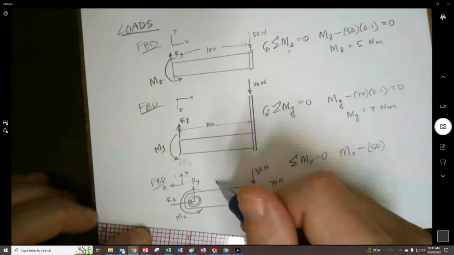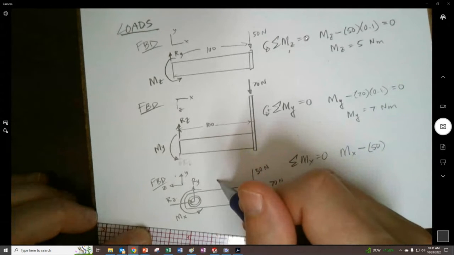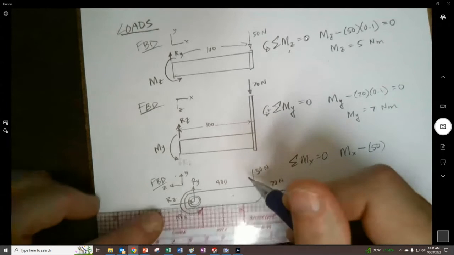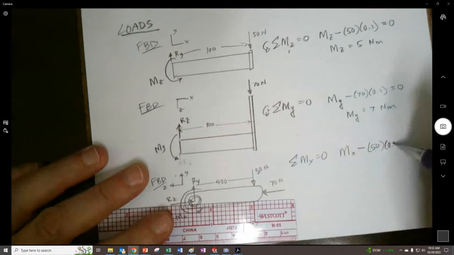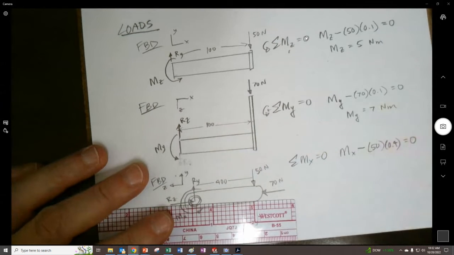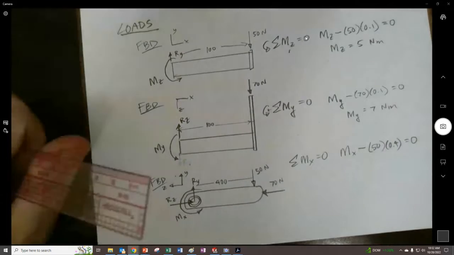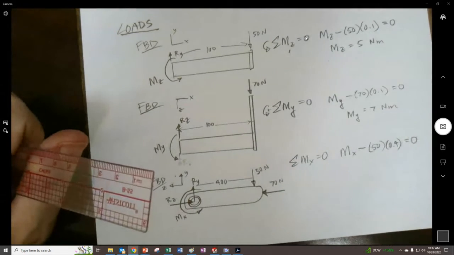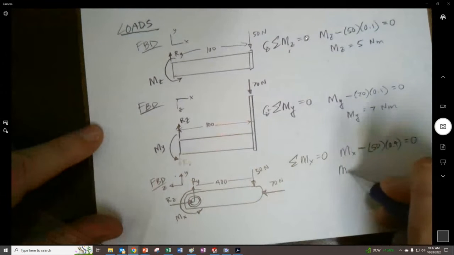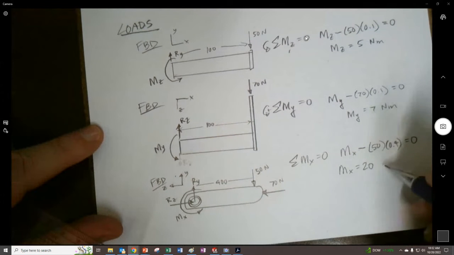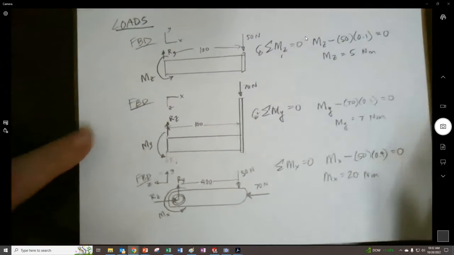And then this dimension was actually 400 millimeters, so that'll be 0.4. And just to double check, I believe that's going to be 0.4 times 50, should be 20. Yeah, 20. I just didn't trust myself to do that in my head. 20 Newton meters.